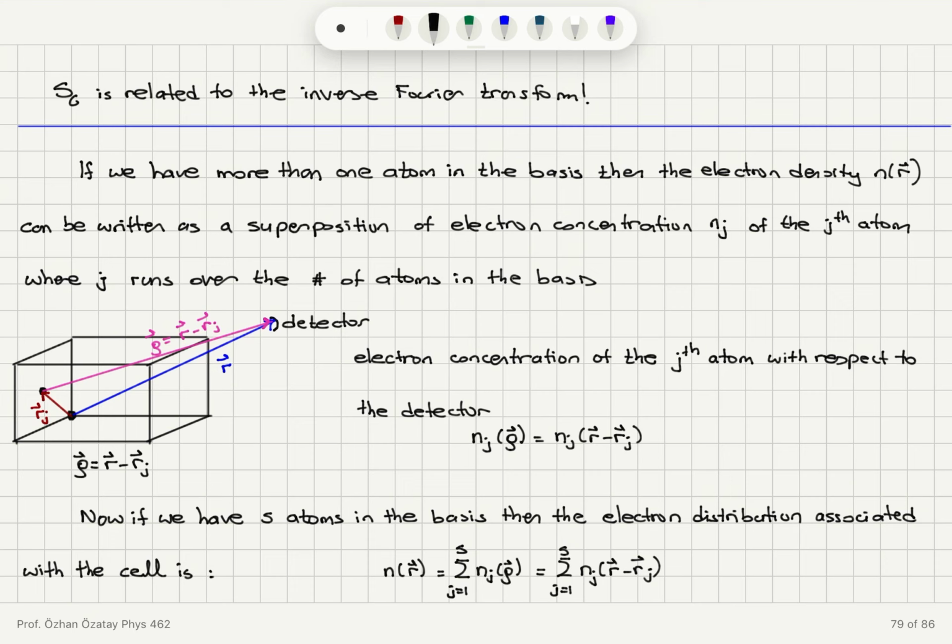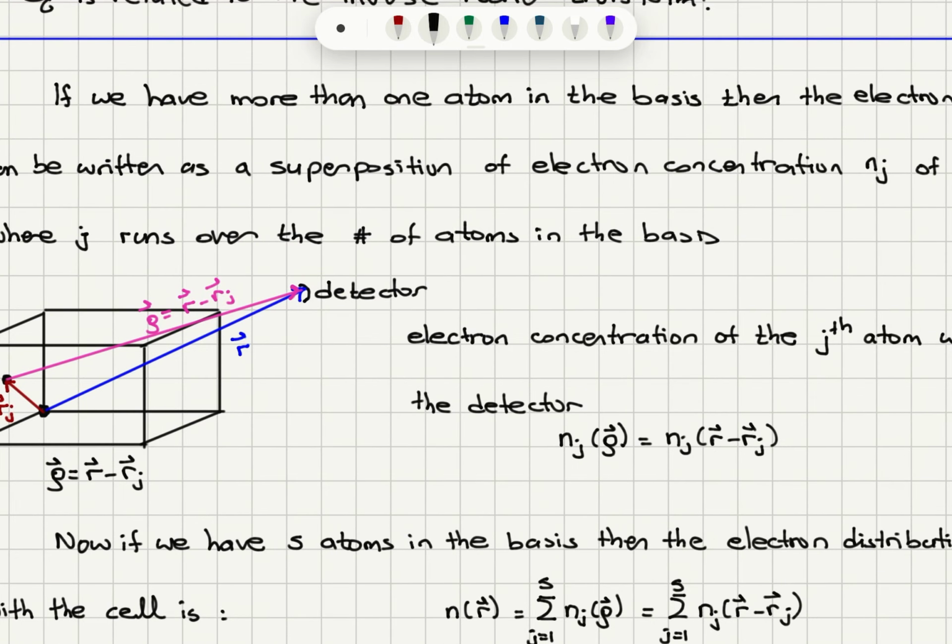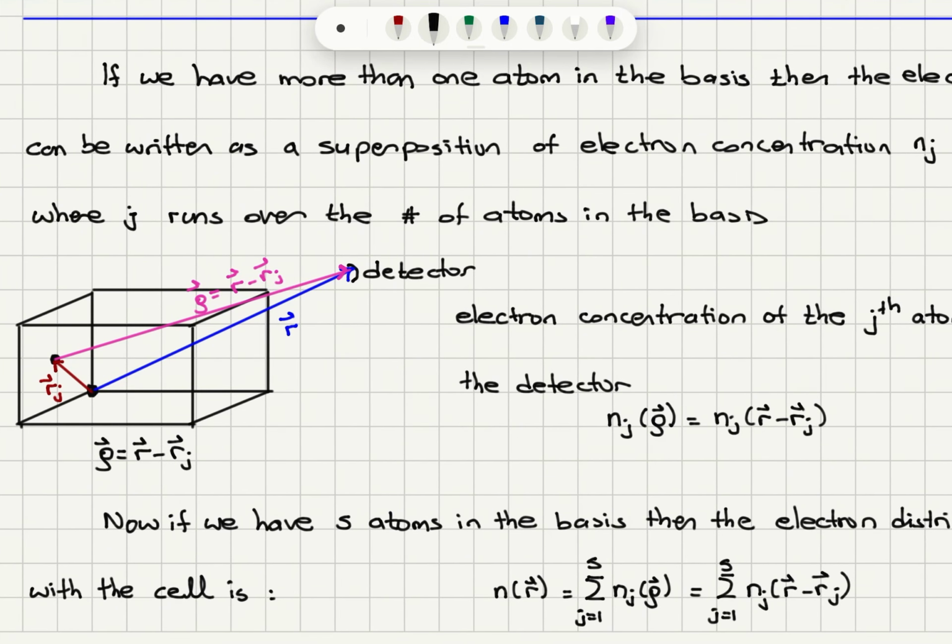Okay, now, if we have more than one atom in the basis, then we will have a more complicated situation. The electron density at position R will be written as a superposition of the electron concentration of the jth atom, where j runs over the number of atoms in the basis. So here we have a 2-atom basis. We have one atom at the corner, and the detector has a position R with respect to this corner atom.